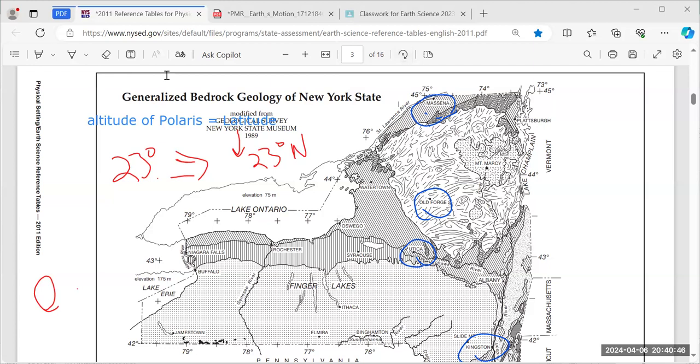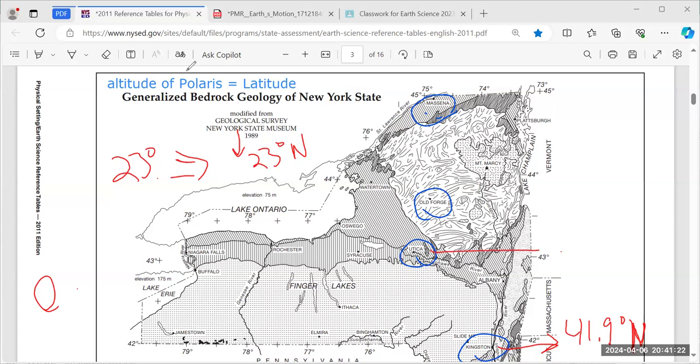We also have to remember that we can only see Polaris if we're at or above the equator. You cannot see Polaris if you're below the equator. So to find the highest altitude of Polaris among these four cities, I need to find the latitude. Kingston has a latitude of, let's say, 41.9 degrees north.